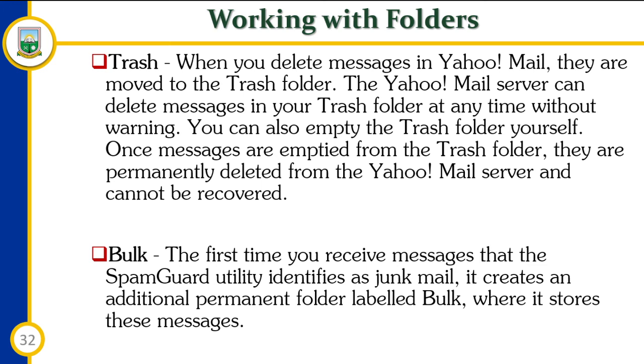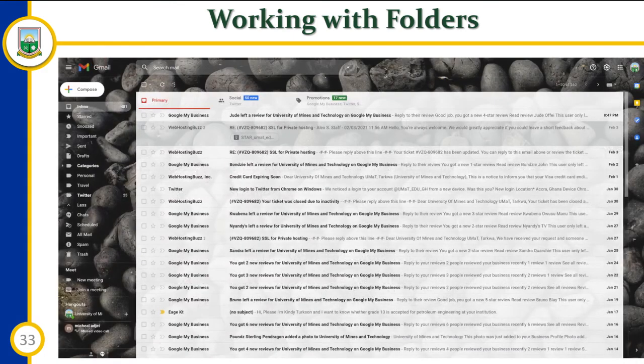The first time you receive a message that the spam utility identifies as junk mail, it creates an additional permanent folder called bulk, where it stores these messages. So there's an example of what I just showed you.